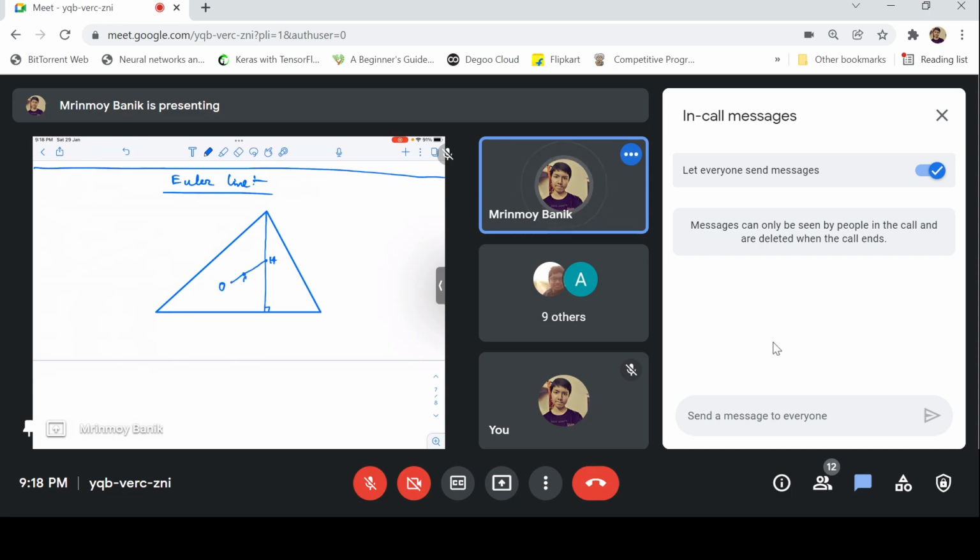This is G. So first we will prove this line is collinear.